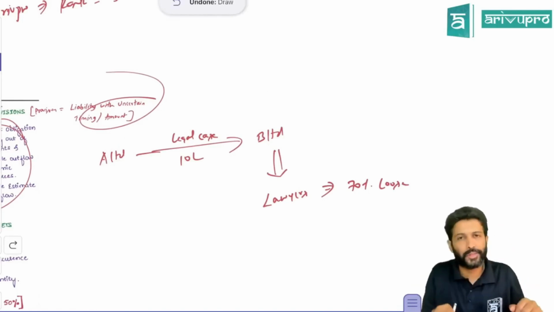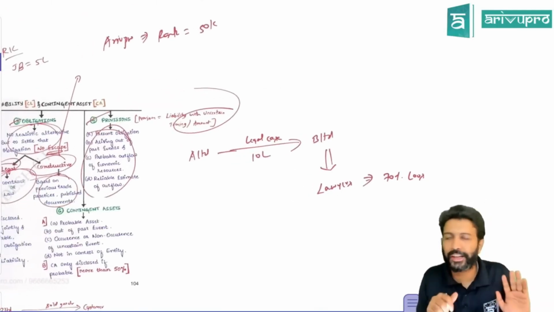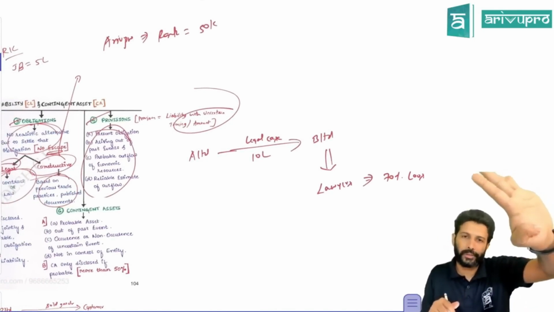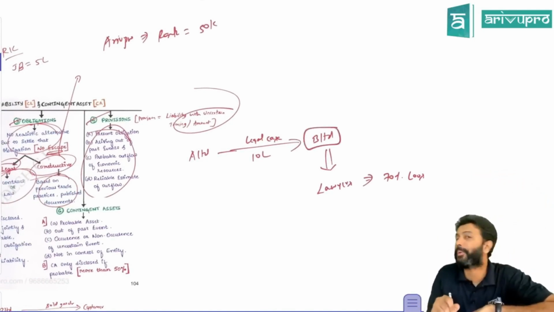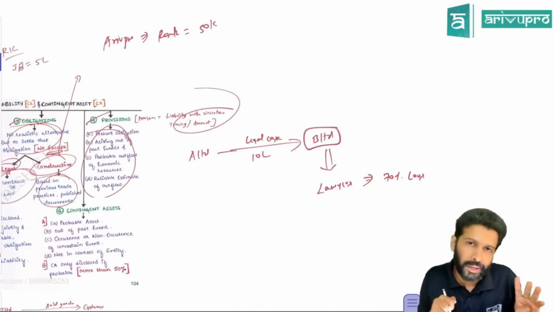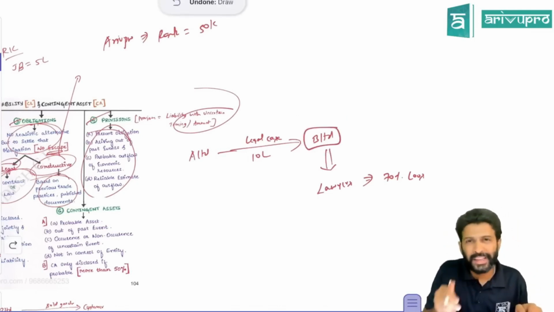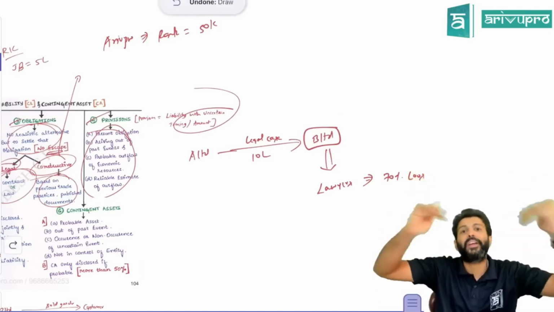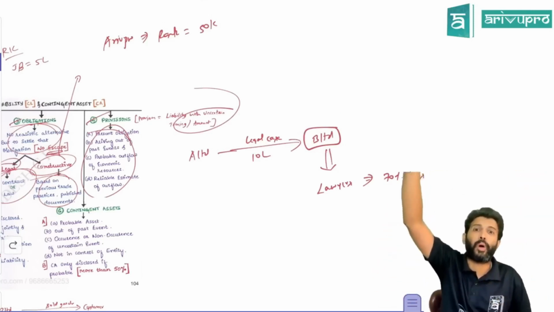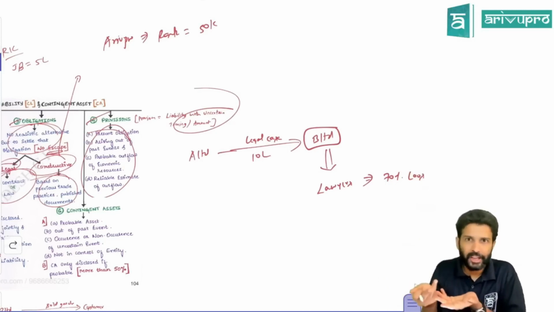Now let's analyze this from the provision definition or recognition criteria perspective. One is present obligation. We are analyzing from B Limited's perspective now. Does B Limited have a present obligation? Yes. Obligation means a no-escape scenario. Is the matter in B Limited's hands now or is it left? It is left, because the matter is decided by whom now? The court. Whatever the court says B Limited has to do, correct?